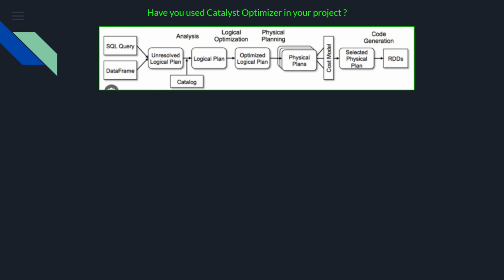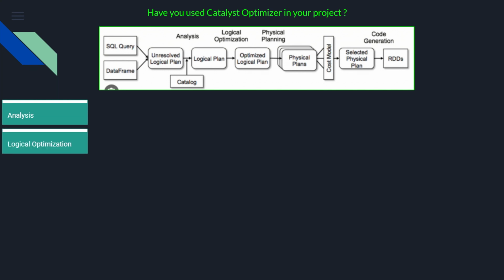The process involves several phases. First is the analysis phase. Catalyst analyzes the query plan to resolve references to DataFrame or Dataset operations. It checks for errors and applies logical rules to simplify the query.